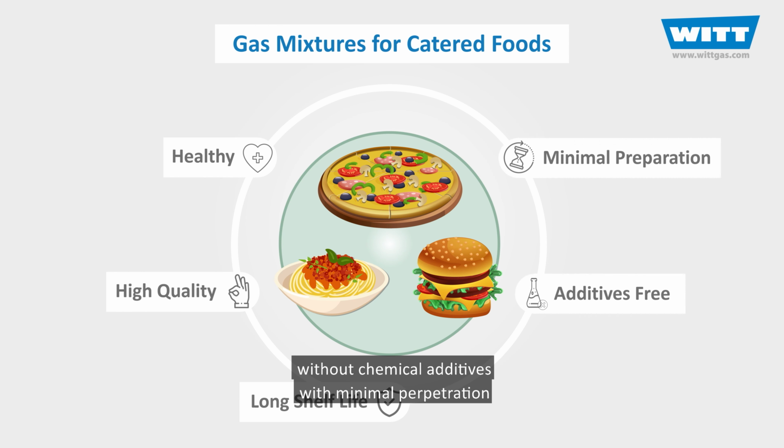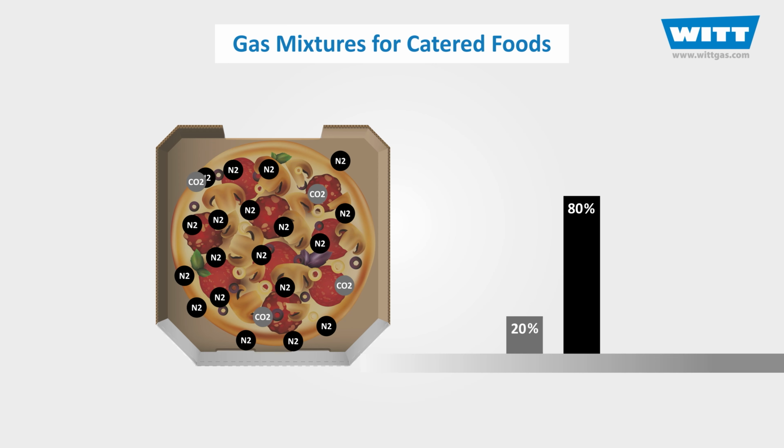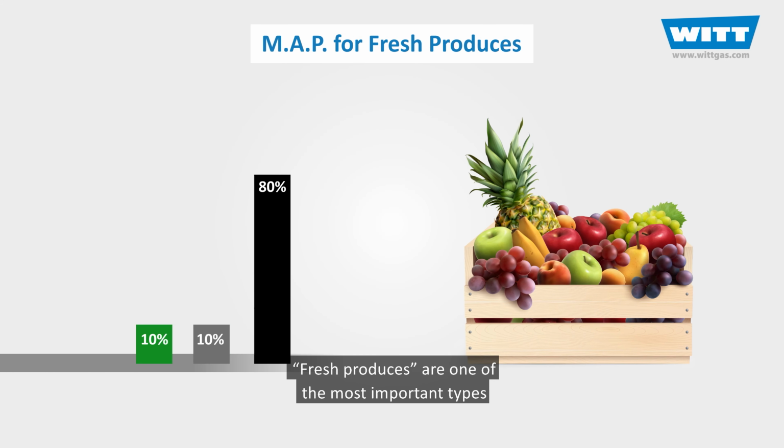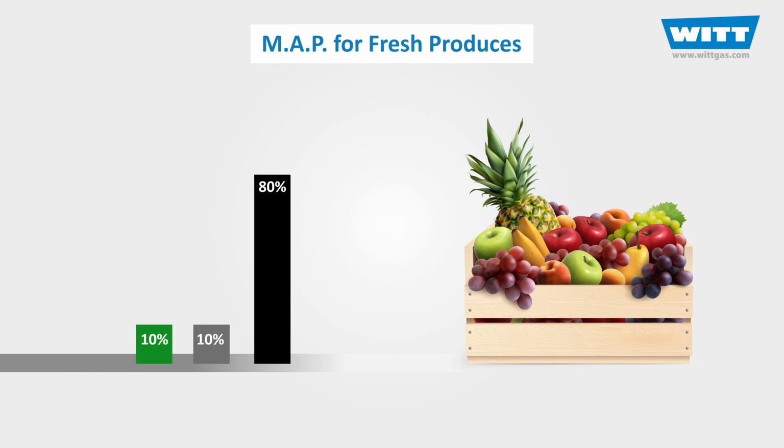Low oxygen level with a high level of carbon dioxide will promote such product shelf life. There are lots of other food categories requiring specific MAP gas mixtures. Fresh produce is one of the most important types, and we'll show you in another video a new exciting method for keeping them fresh during transport.